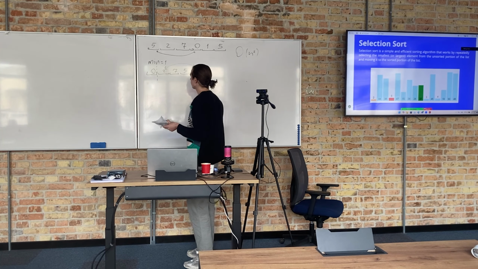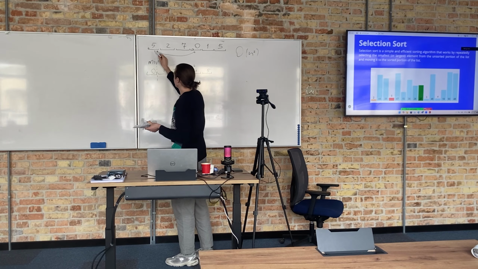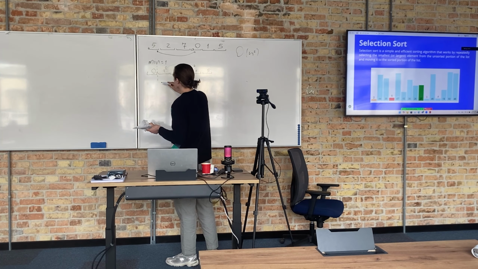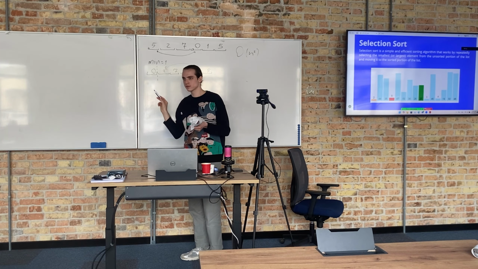Because it's like in bubble sort, we need to traverse all elements for every element in the array.